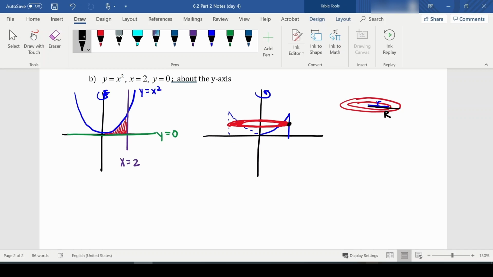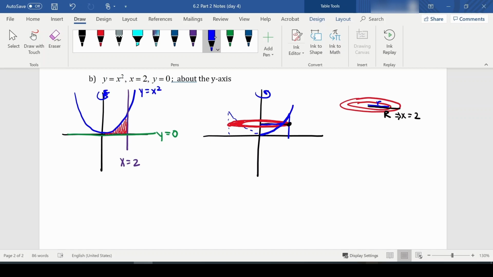So our outer radius here, remember this is with respect to y, right? So this should be an x equals function. Well, this was x equals 2. Our inner radius, little r, goes towards the actual function that we drew.